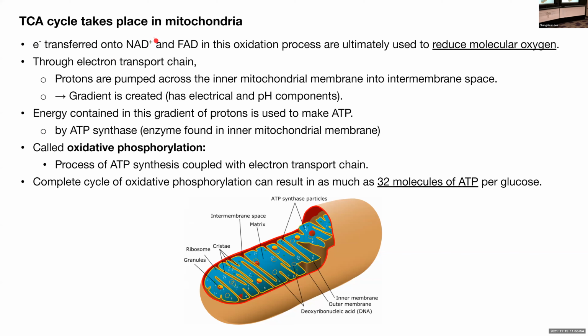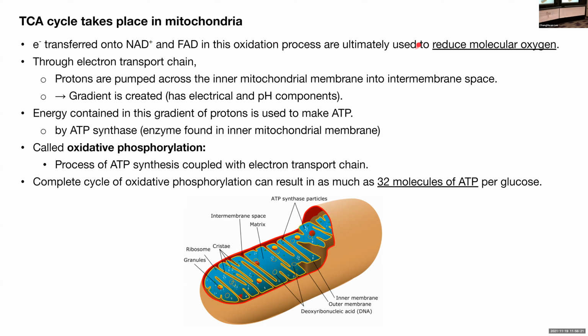Within the mitochondria, electrons are transferred from glucose to NAD plus during glycolysis, as well as in other cycles, including the TCA cycle. FAD is also used, especially for the TCA cycle. So that's an oxidation, and again a reduction of these coenzymes, the electron carriers.